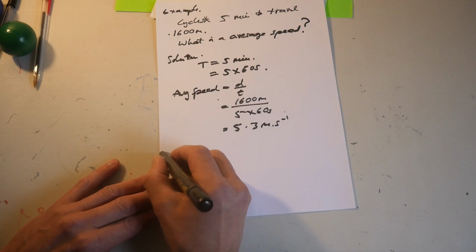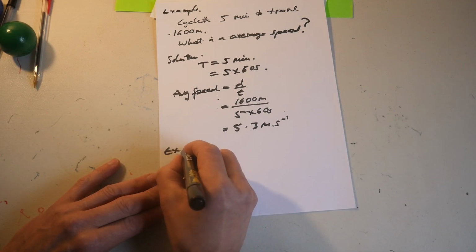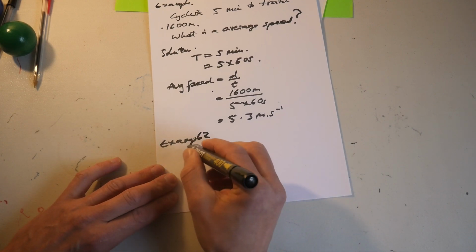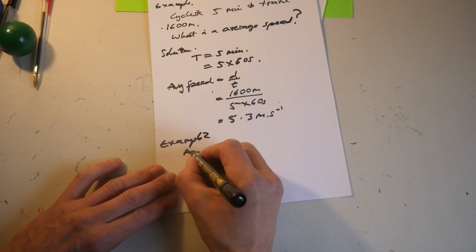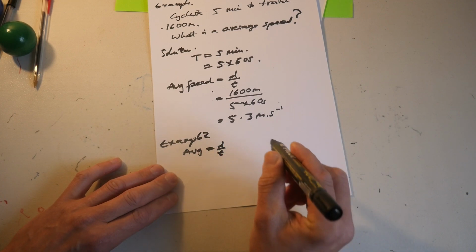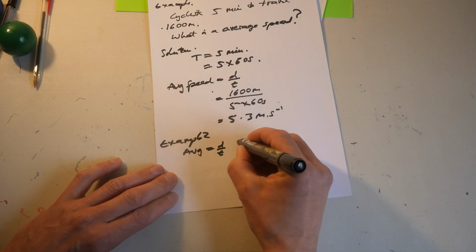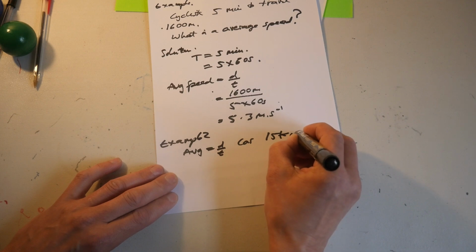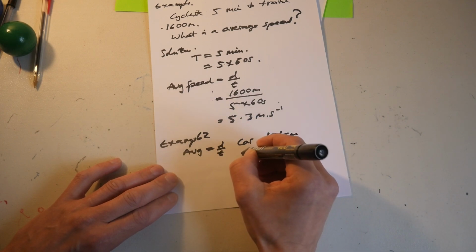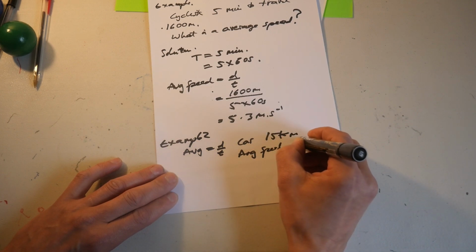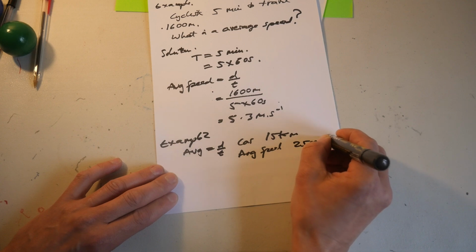Example 2. So again, the average speed, distance divided by time. So if a car travels 15 kilometers at an average speed of 25 meters per second, okay?